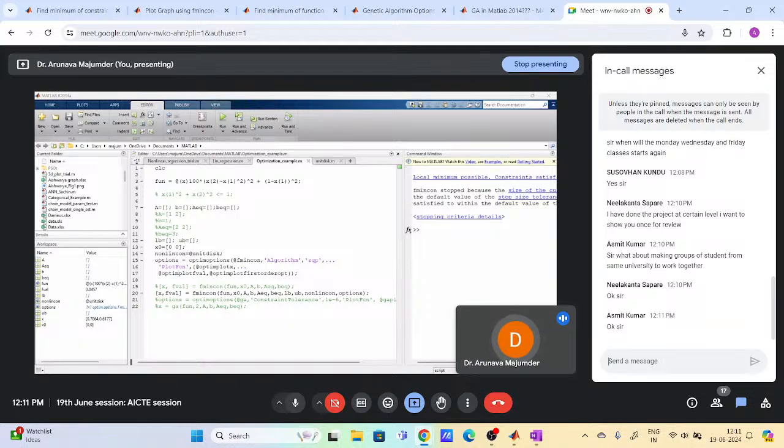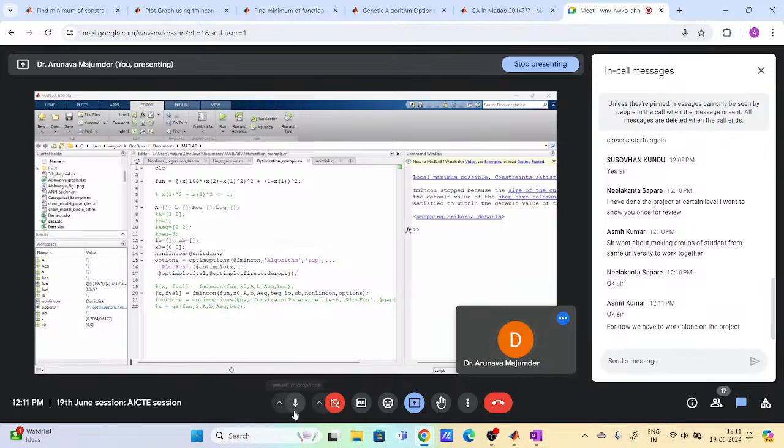Whatever task I have given, if you have done it at a certain level or certain point, please send it to the mail. I am writing the mail ID here in the chat box. Research internship @innovaworld.in.